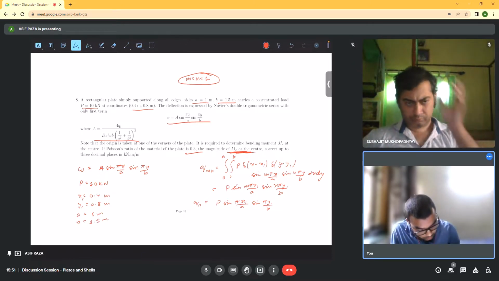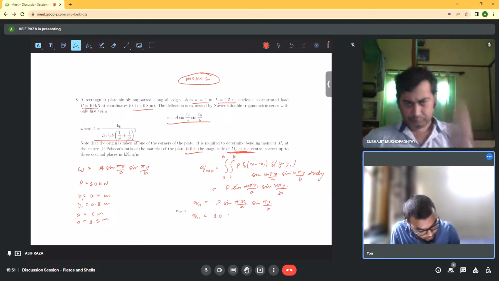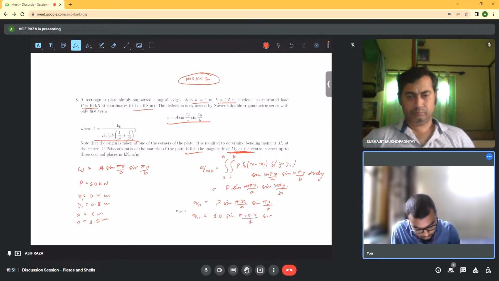So this is equal to 10 sin(pi 0.4 upon 1) sin(pi 0.8 upon 1.5).